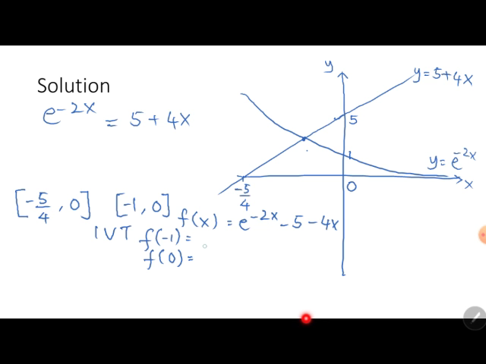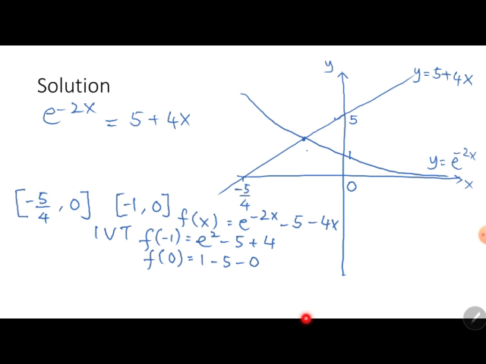You have e to the power of 2 minus 5 plus 4. And if you substitute 0 in it, e to the power of 0 is 1, minus 5 minus 0.